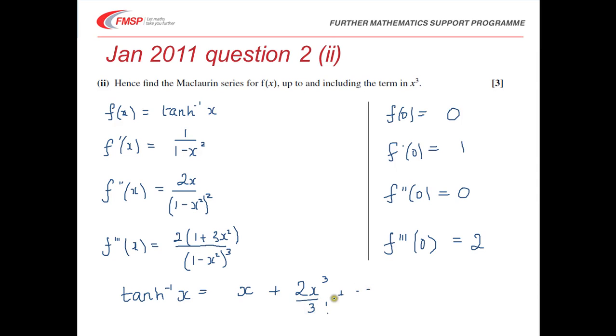And we're only asked to go as far as that. If we simplify that, factorial 3, the 2's will cancel out and we get x plus x cubed over 3.